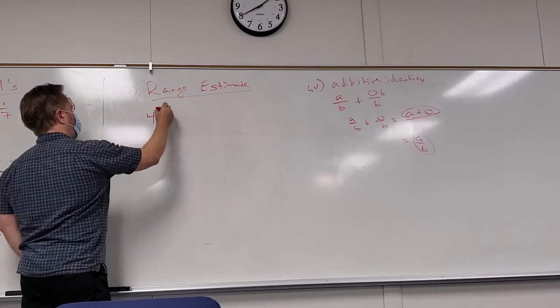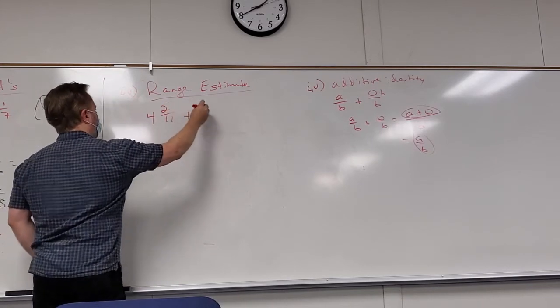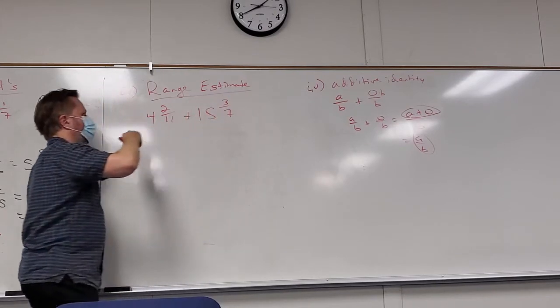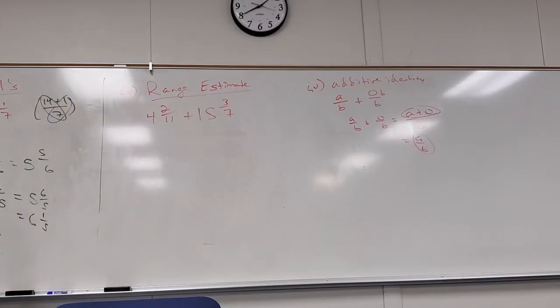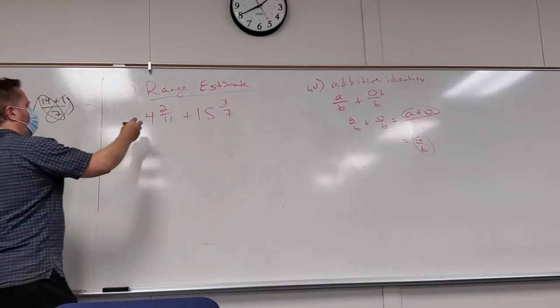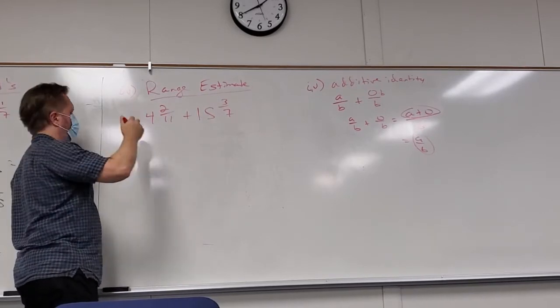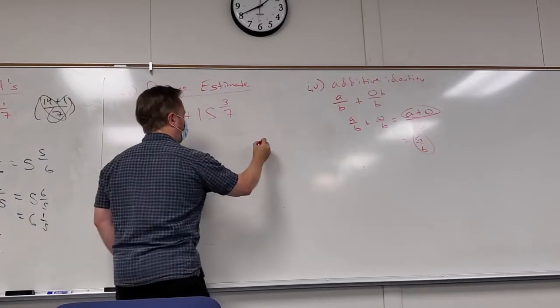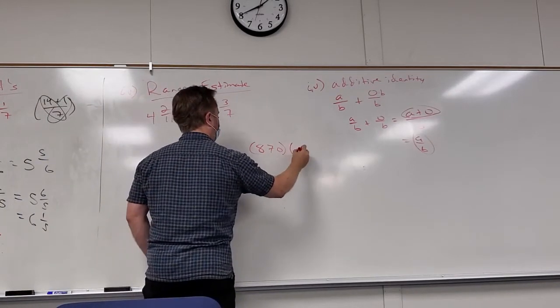So if I had 4 and 2/11 plus 15 and 3/7, how do you think I do a range estimate for what that is? It's between what and what? What would you think? So how did we do it with this?